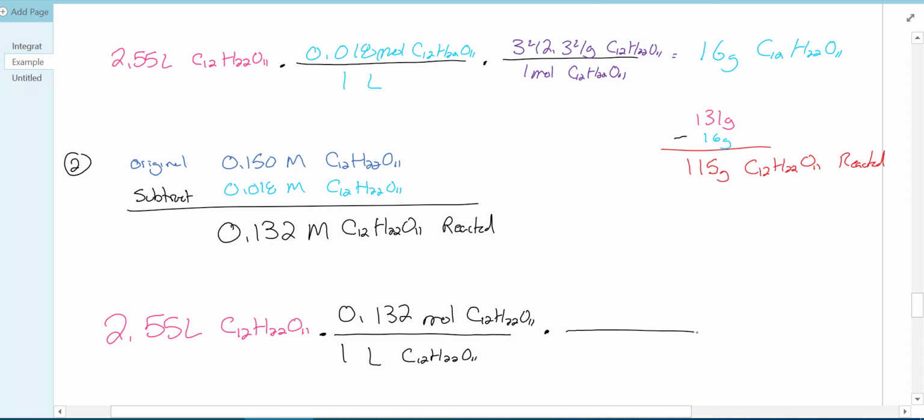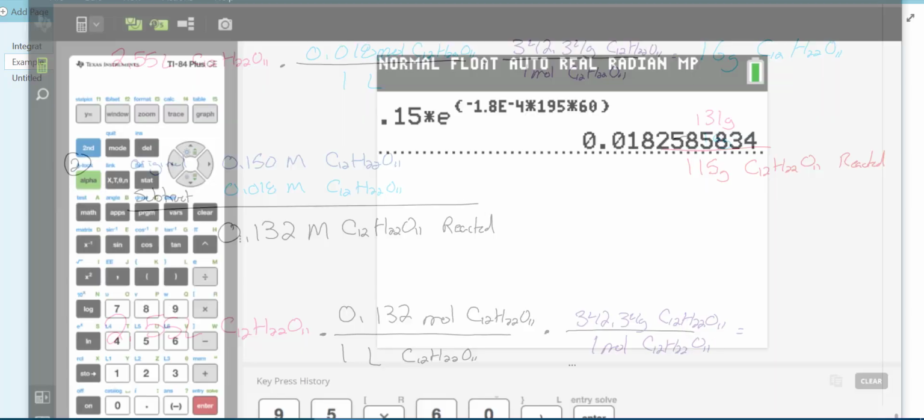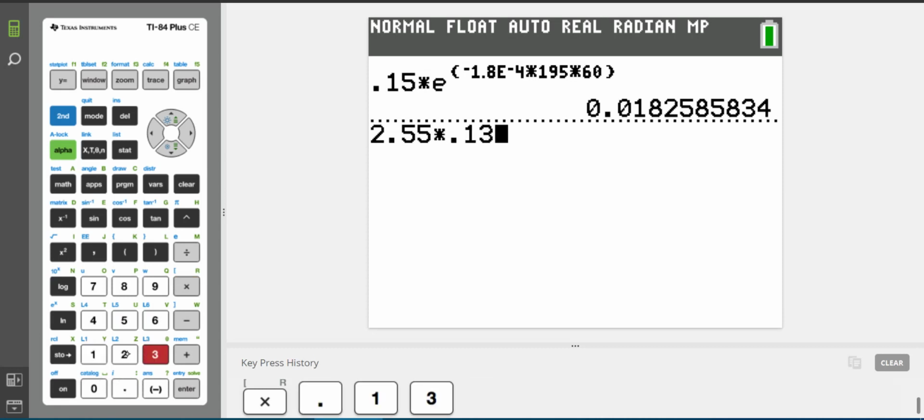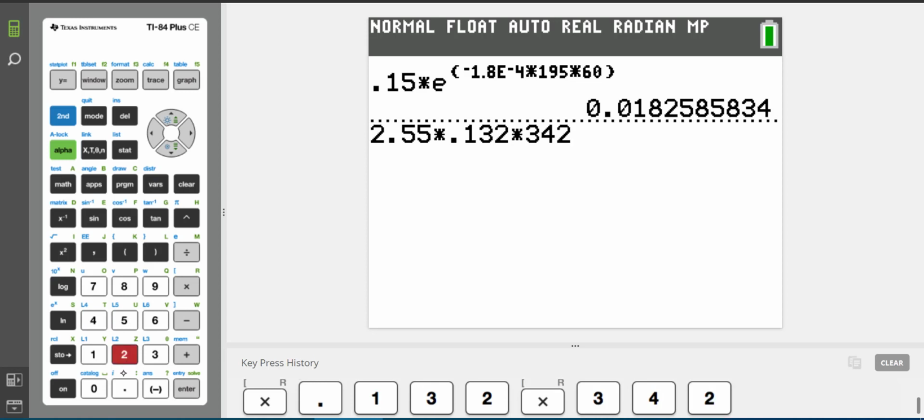And then we have 342.34 grams of C12H22O11 in 1 mole. Do that math, you get 2.55 liters times 0.132 times 342.34.